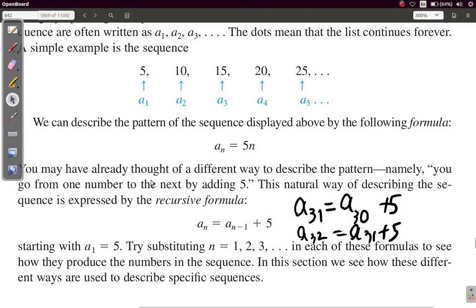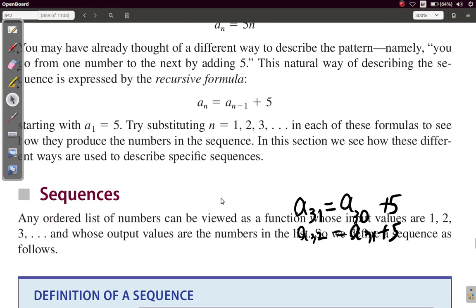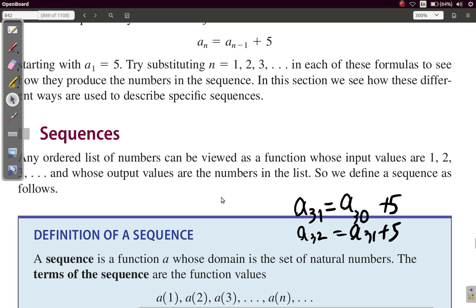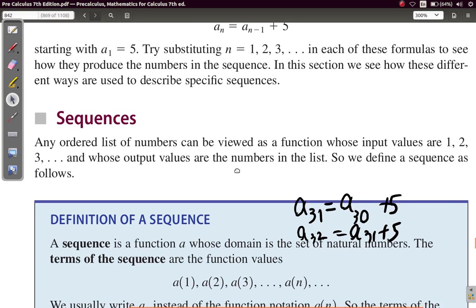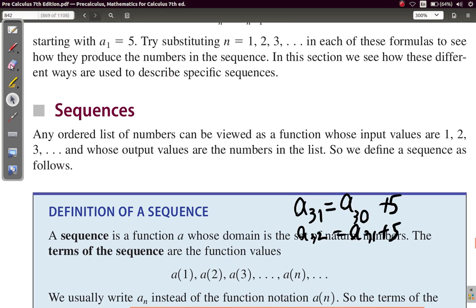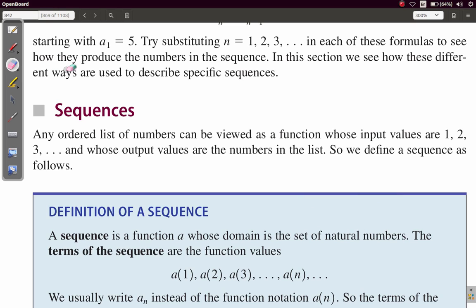I'm not going to be reading through every detail, every word and letter of this textbook. You should sit down and carefully read through it. What we're going to be doing is concentrate on the most important points.